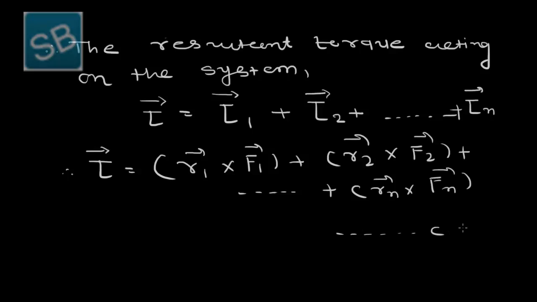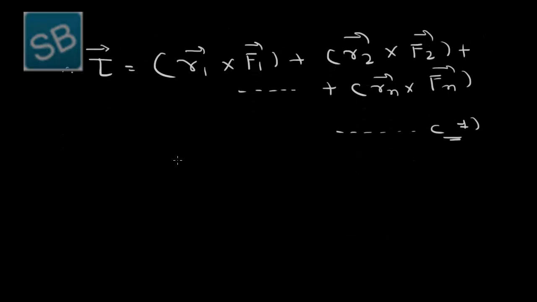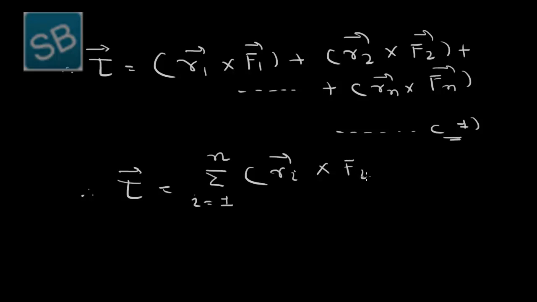So this is the final equation from which we can find out the resultant torque of the system. And this equation in a simple form I can write down as summation over i equals 1 to n of Ri vector cross Fi vector.